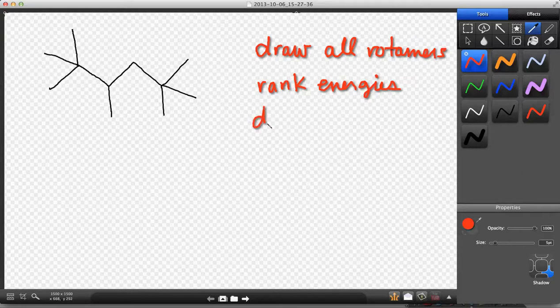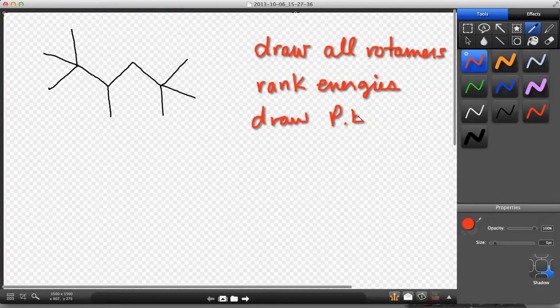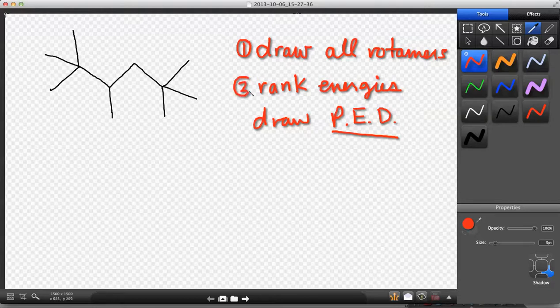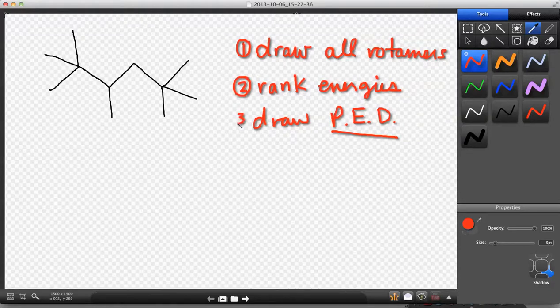And you need to draw a potential energy diagram. That PED stands for potential energy diagram, not for performance enhancing drugs. Those are the three things that I would ask you be able to do in the context of a take-home test question or in the context of an in-class exam question.